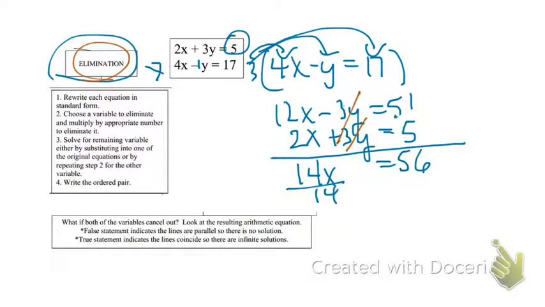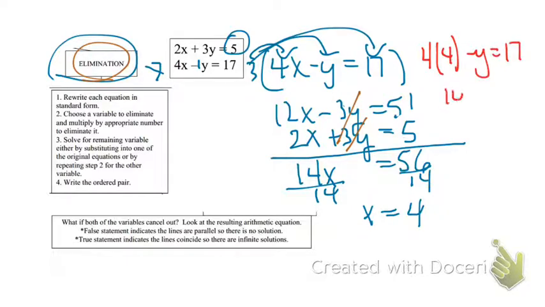Again, I'm just going to divide the 14 out, and I get x equals 4, which is what we found before. And then I'm going to have to go back and replace that into one of the equations. It does not matter which one you replace it into. I'm just going to replace it into the second one. So I'm going to have 4 times x, which is 4, minus my y equals my 17.